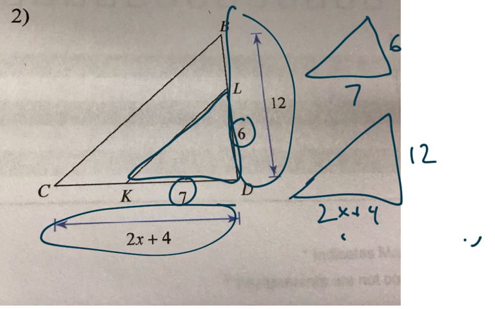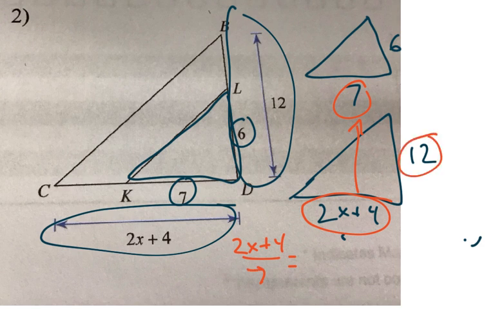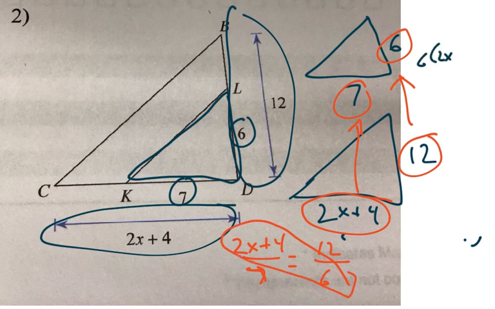So now that I have it redrawn, I know it's very easy to match up 2x plus 4 with the 7, just like the 12 goes with the 6. And we need to cross multiply, right? So this way, I got 6 times 2x plus 4.